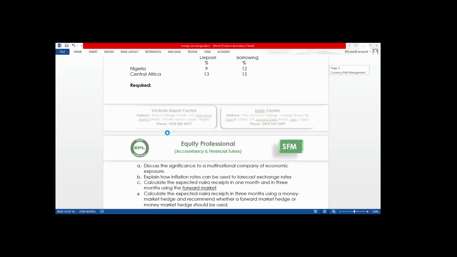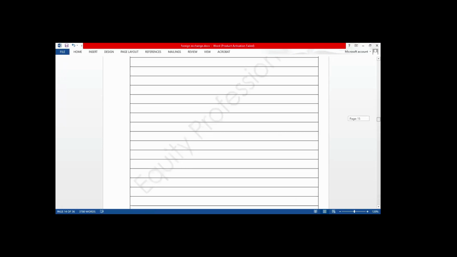We have explained this. Economic risk can affect multinational companies. It can reduce remittances to the multinational. It can also affect the international competitiveness of a company. It can also affect the present value of the returns to the multinational.